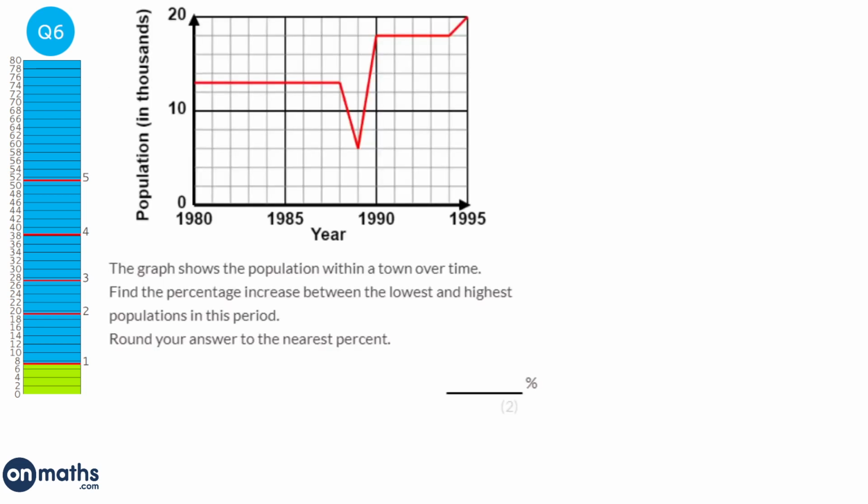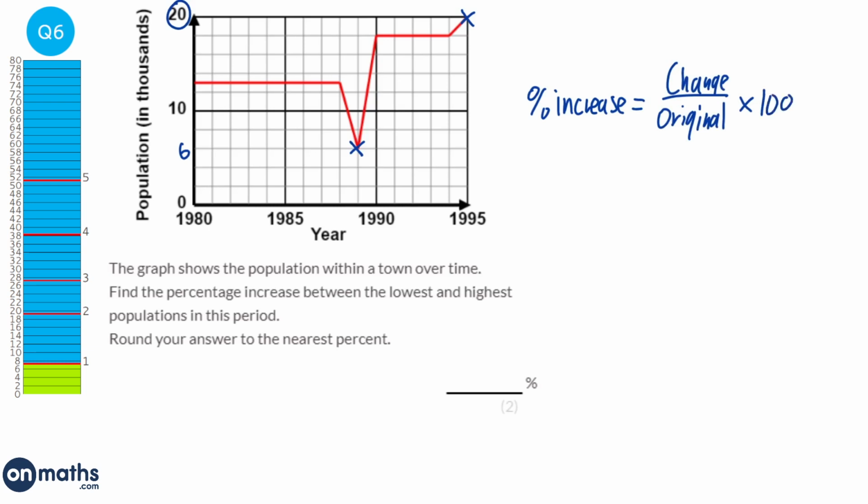The lowest point on this graph is here, at 6, and the highest point is here at 20. We're looking for percentage change, or percentage increase, and the formula is change over original times 100.